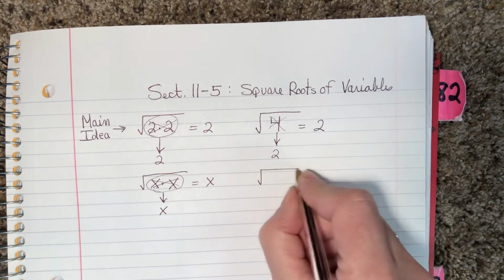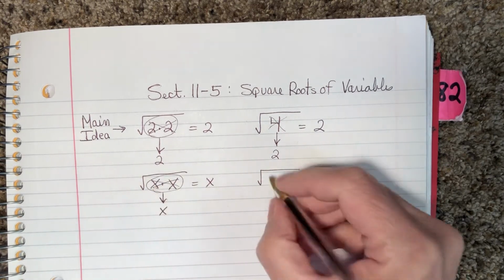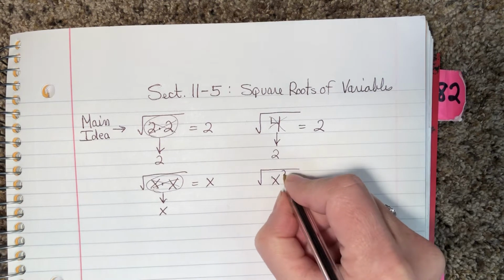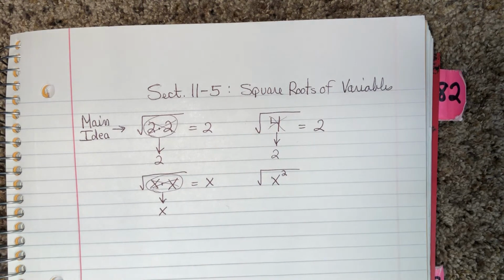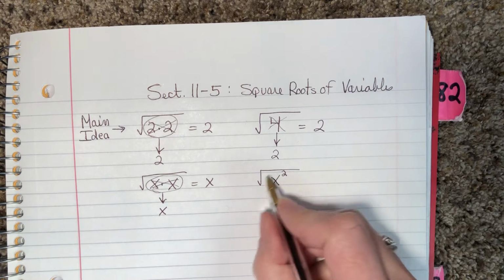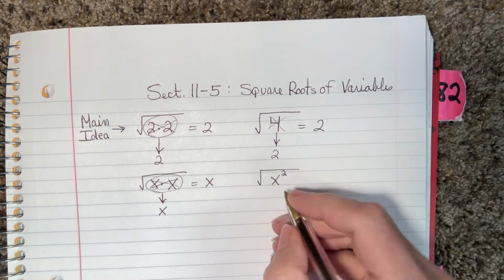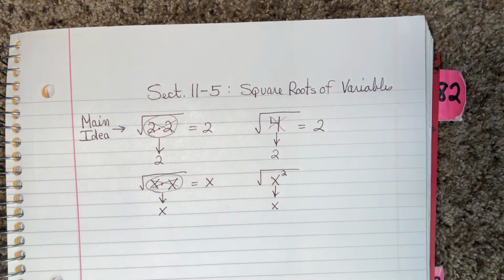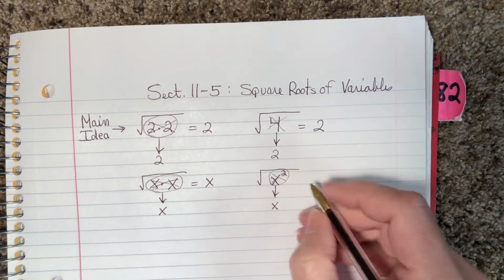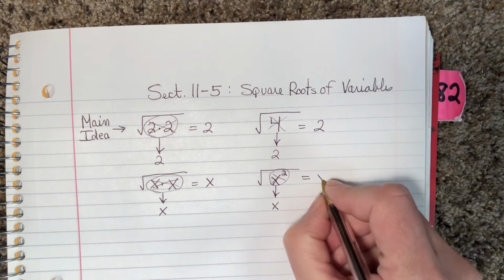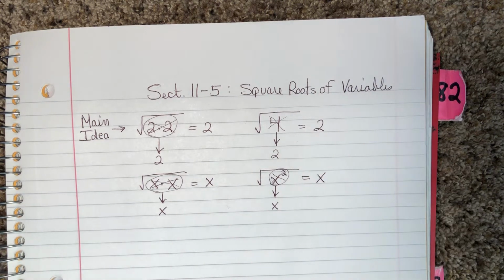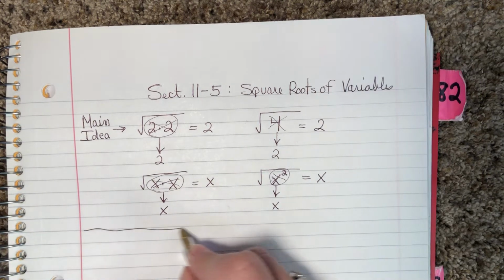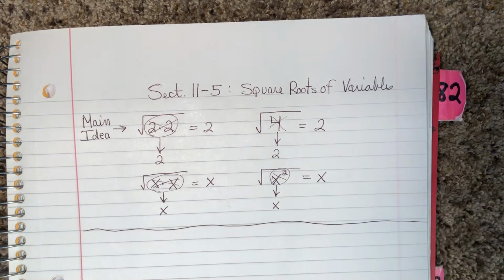Or instead of saying x times x, if you have an x squared, basically any kind of perfect square with a variable expression, you just pull out the square root, which is x, and that piece is gone, so you get x. All right, so let's do some examples.